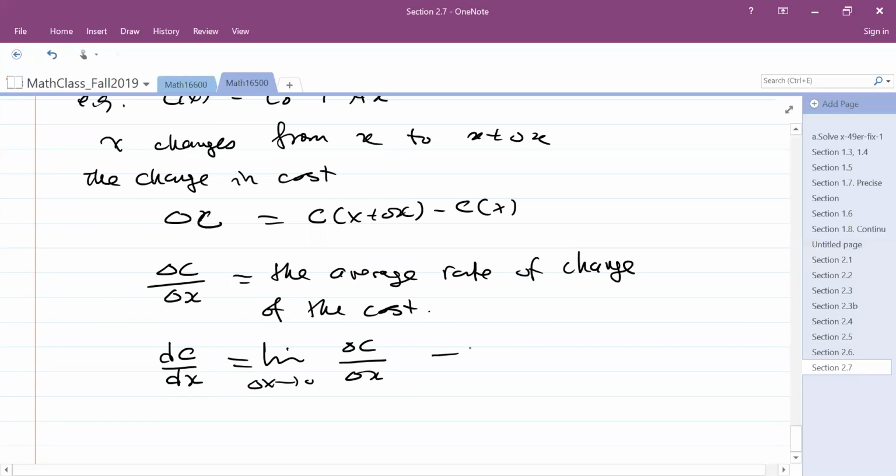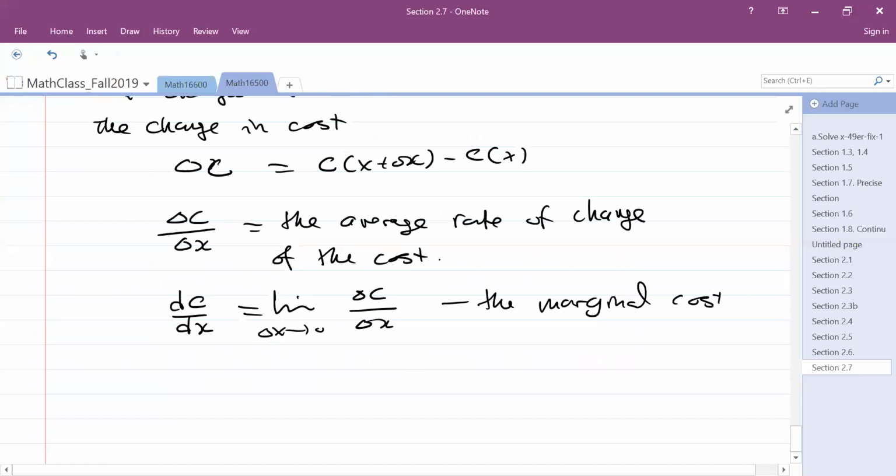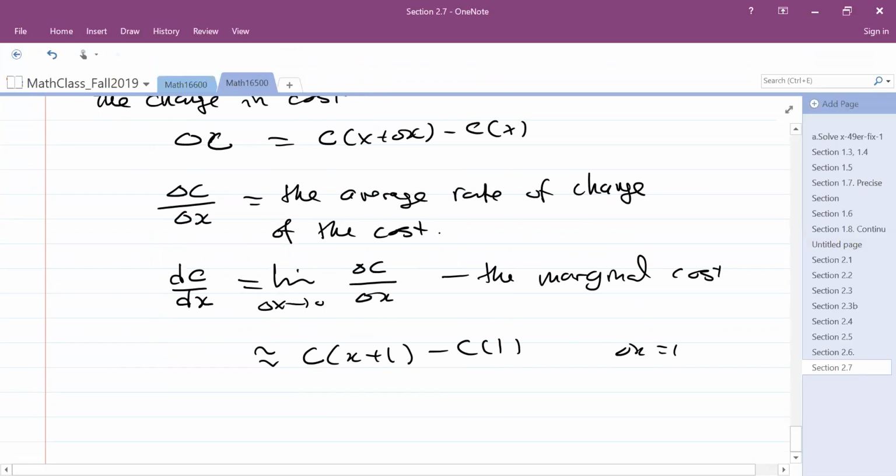This is called the marginal cost. If you take calculus for business, this is one of the topics. Delta x equals 1, because delta x cannot be 0.2 units.